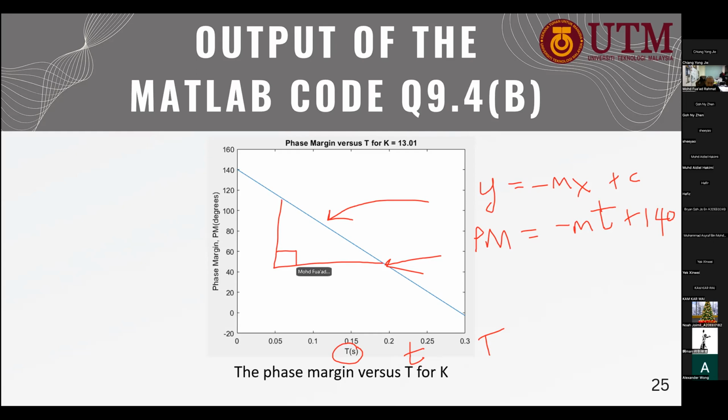The slope I find is around 466.67, so the equation is y equals minus 466.67 t plus 140.